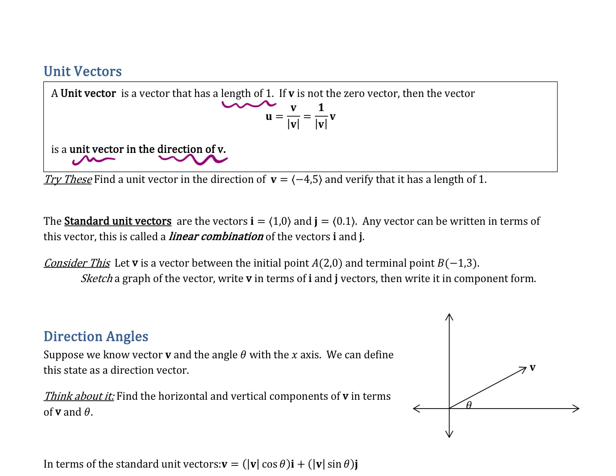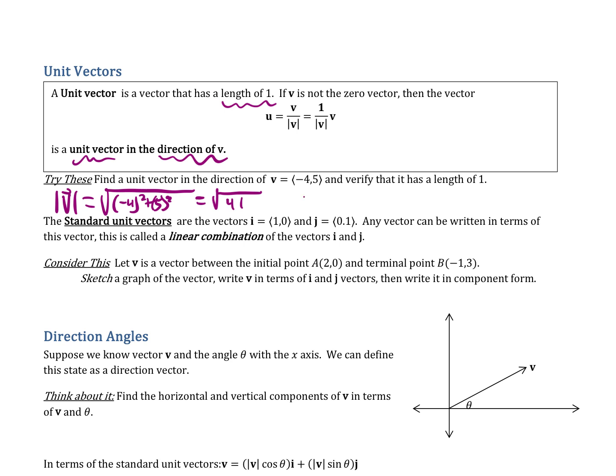So let's try that for the vector -4, 5. Let's find its unit vector. Well, first we need to find the magnitude of v. And the magnitude of v would be the square root of negative 4 squared plus 5 squared. Okay, and that's going to be 16 plus 25, how about 41, right? So 16 plus 25, square root of 41 is the magnitude.